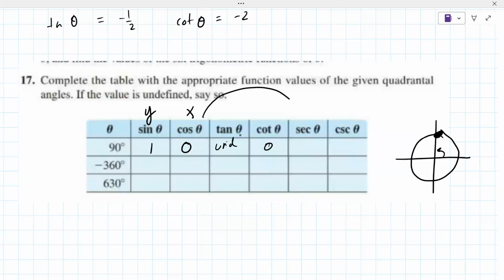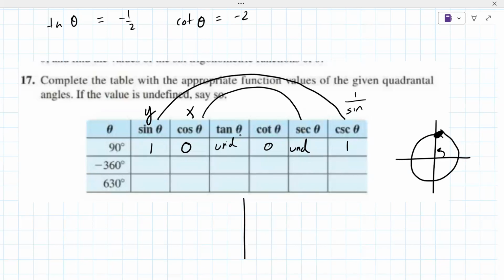Secant is related to these. Undefined. How about cosecant? It's 1 over sine, 1 over 1. So 1. Yes, good.